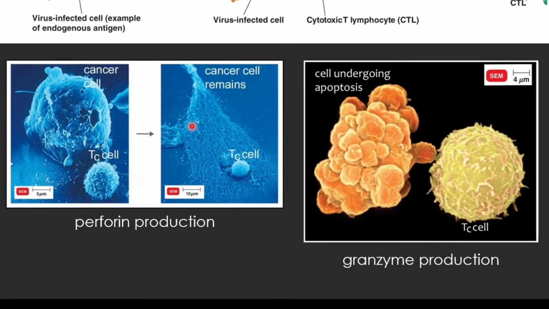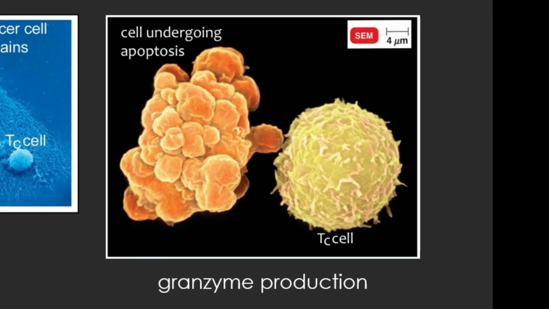The other possibility, when a cytotoxic T cell decides that the antigen that's being presented to it is recognizable as foreign, is that the cytotoxic T cell can produce something called granzyme, which is a bit of a cleaner process. Notice here, what happens is this cell undergoes not lysis or necrosis, where you get all of the contents of the cell just sort of blown out everywhere.